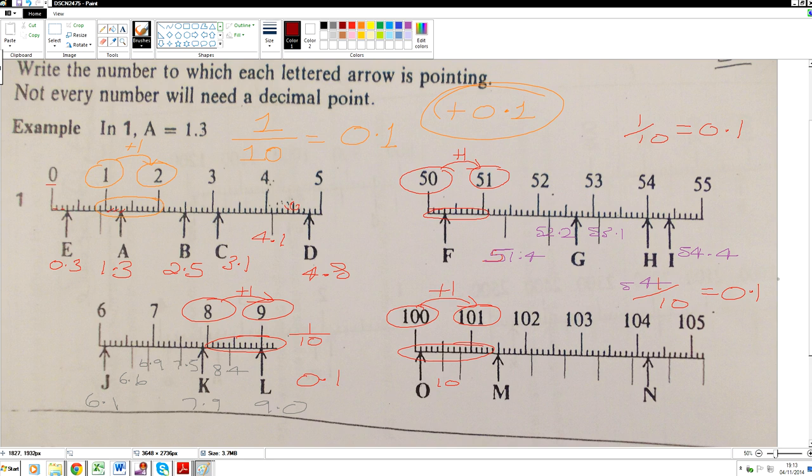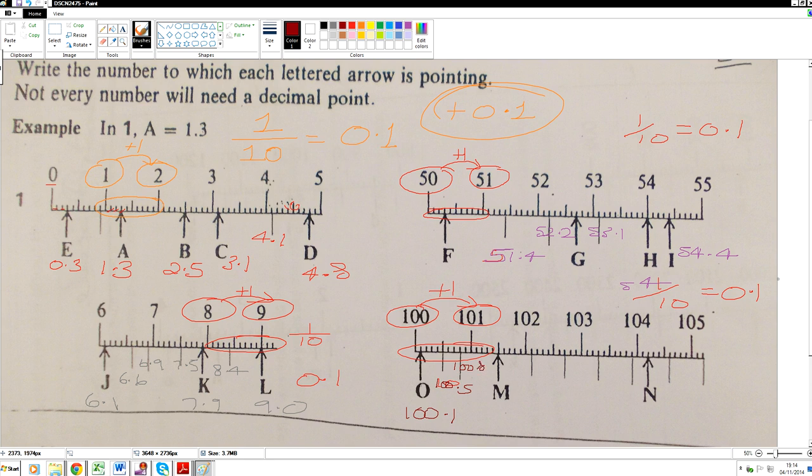Now O. O is going to be what? 100. Come on, what are you waiting for? 100.1. Finished? All of it? Excellent. That's going to be here 100.5, 100.8.